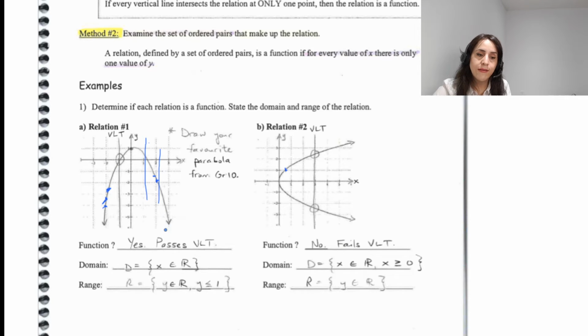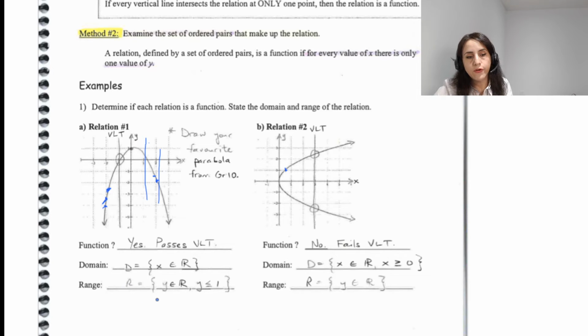The other end of the graph is going down this way and is including all of the positive values of x. Then there is no breakdown on the x values. Then x is all real numbers and there is no restriction for it. I can plug any number that I want into this function and I can find the y value.